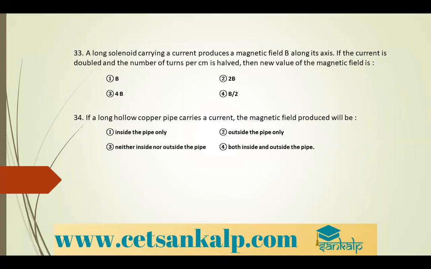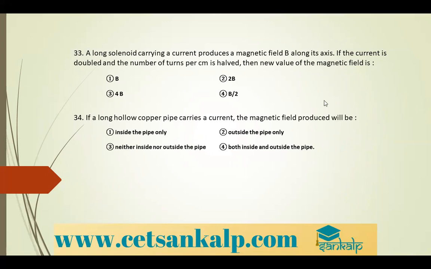Next problem. A long solenoid carrying a current produces a magnetic field B along its axis. If the current is doubled and the number of turns per centimeter is halved, then the new value of the magnetic field.